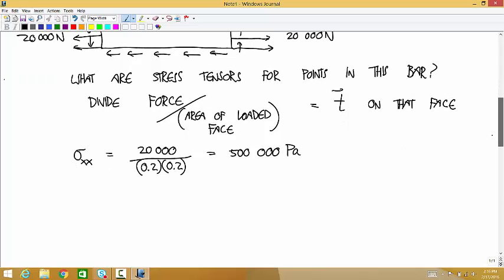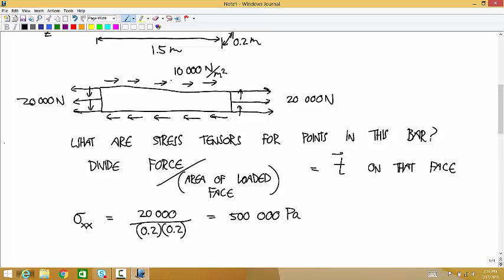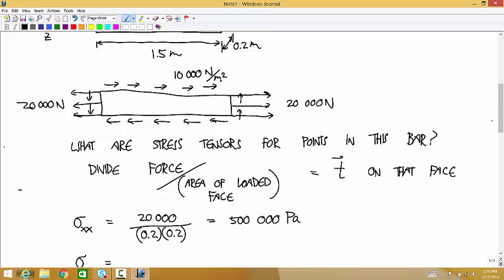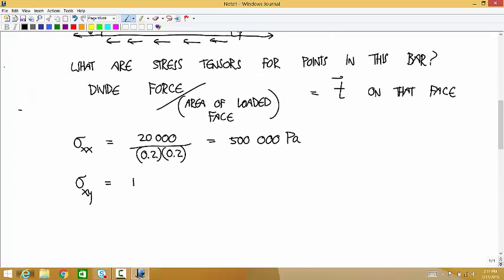And then the way I did it, these are already given as tractions on the other faces. So the XY stress is 10,000 newtons per meter squared, which is pascals.